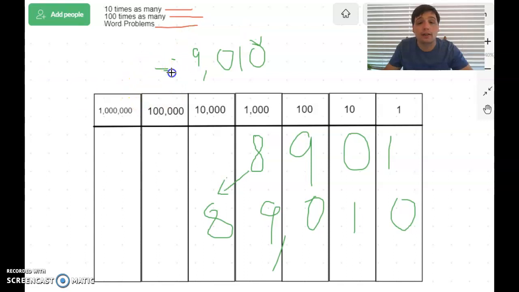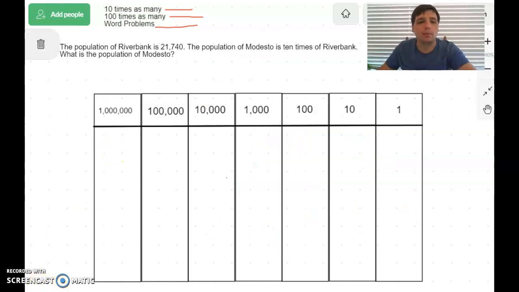Let's try a word problem. So here's our word problem. The population of Riverbank is 21,740. The population of Modesto is 10 times that of Riverbank.